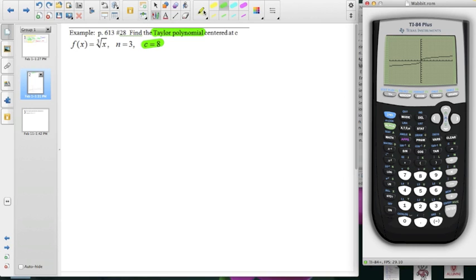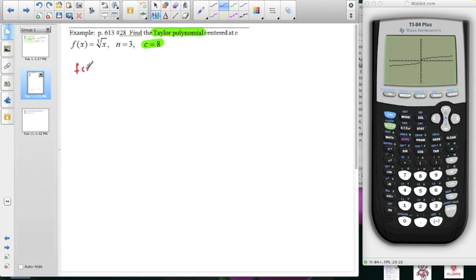So when we take a look at this, the process doesn't change. We still have to evaluate the function at 8, and we have to evaluate all of its derivatives at 8. So we're going to have to calculate the first 3 derivatives here. The function is x to the 1/3 power. It's going to be easier to differentiate if you think about this power as a fraction rather than a root.